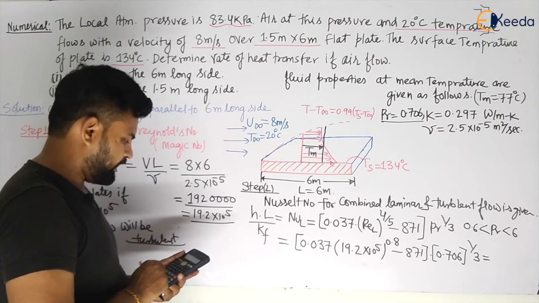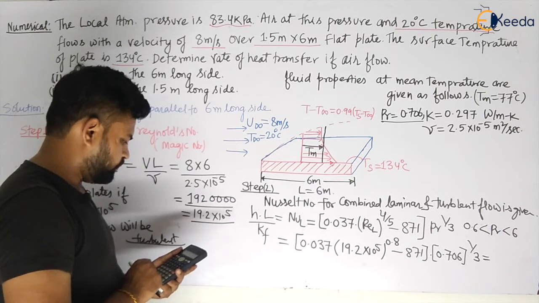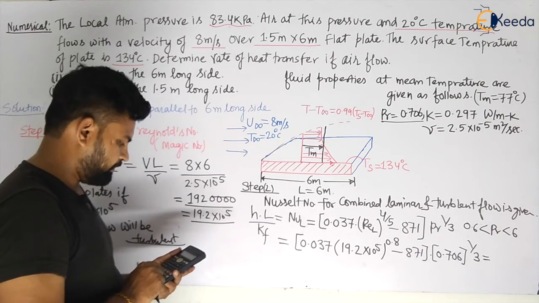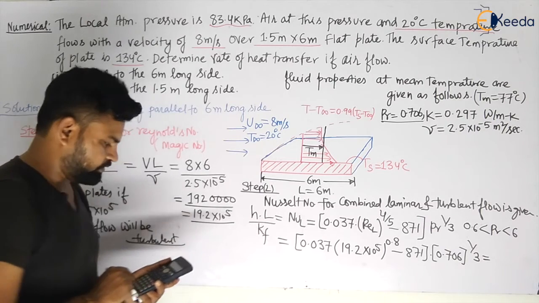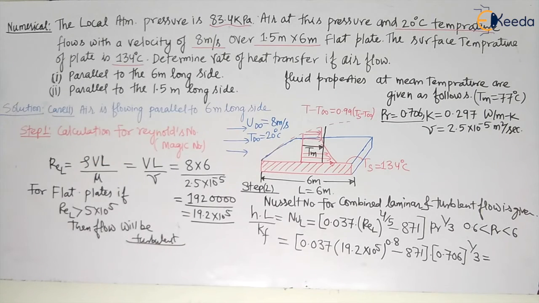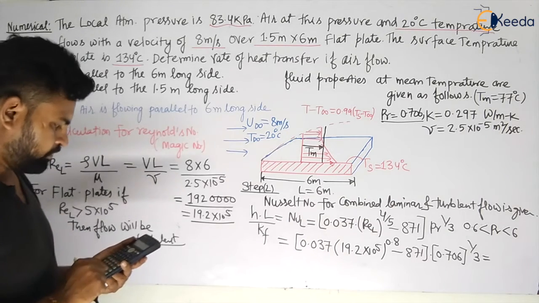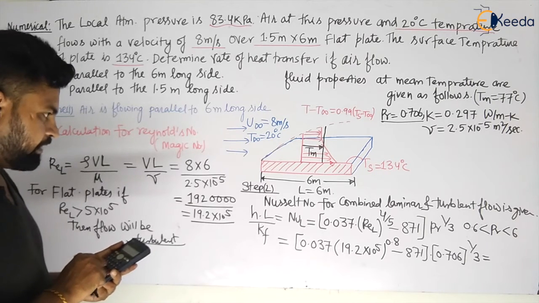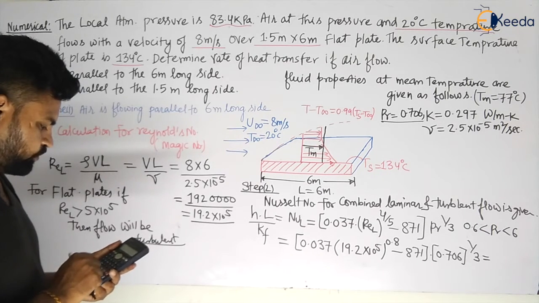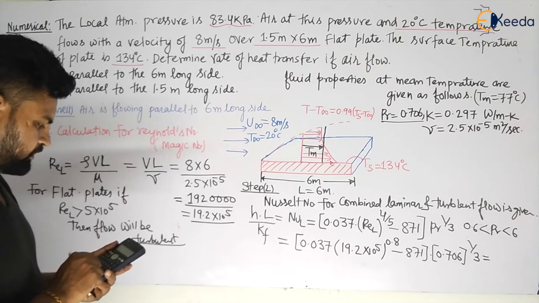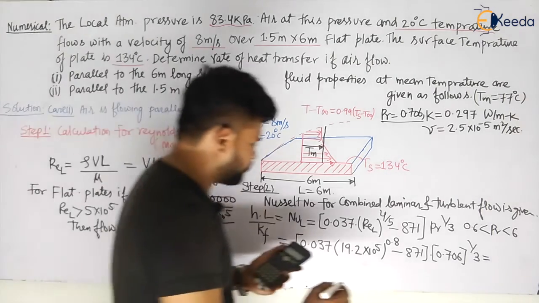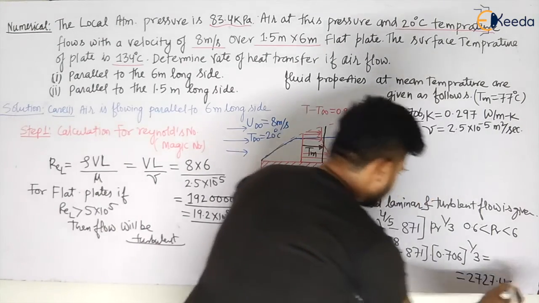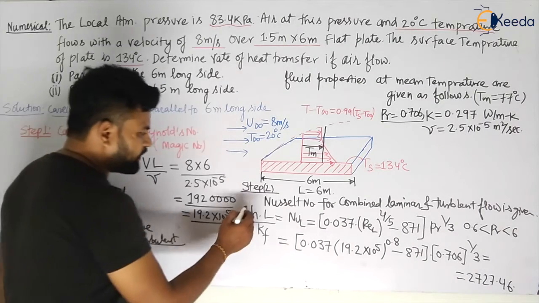So 192,000 to the power 0.8, my dear students, multiplied by 0.037, minus 871, multiplied by 0.706 to the power 1 divided by 3, and this value will come to be equal to 2727.46. So can I calculate the heat transfer coefficient?